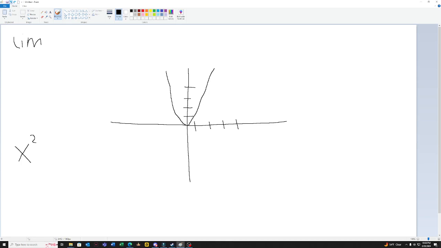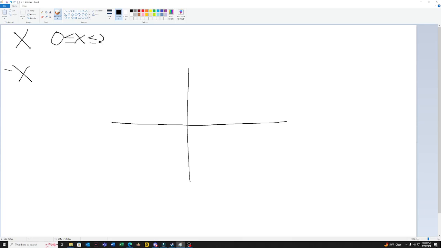Now, let's throw in another one. So, if we have the limit of, let's say, 2x, no, my bad. Let's say of x, and the limit of negative x, on the domain from 0 to 2, and negative x from 3 to 5.